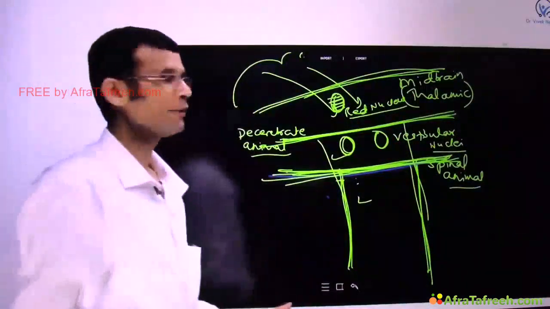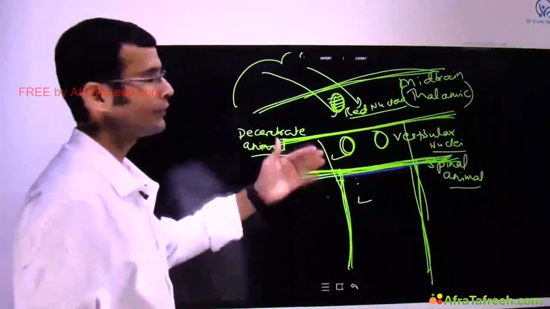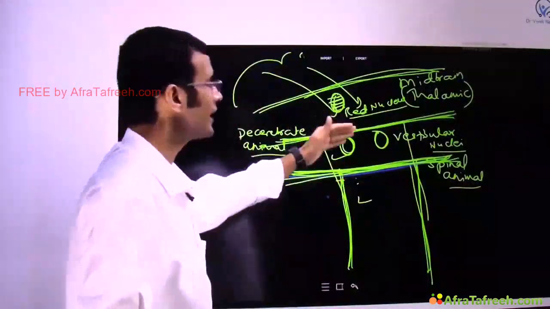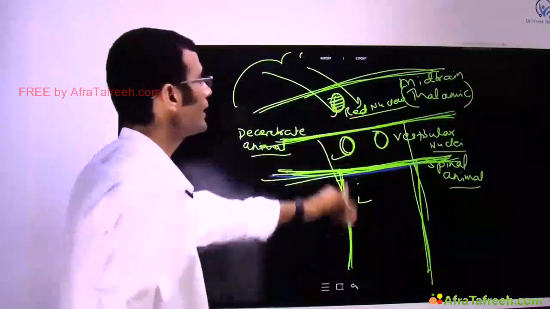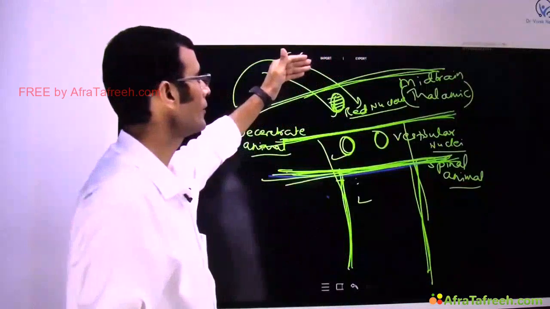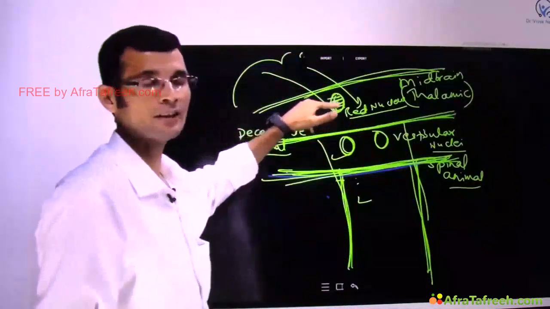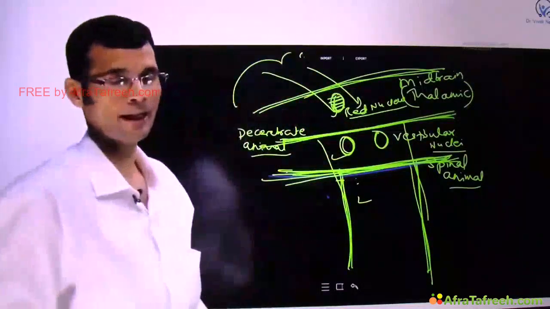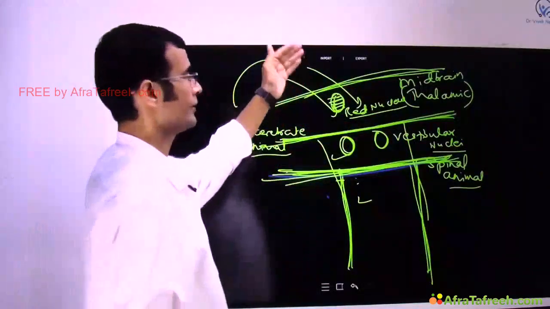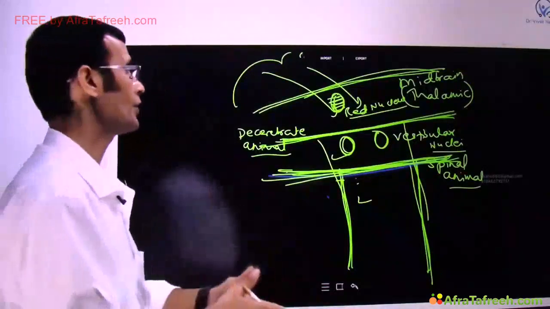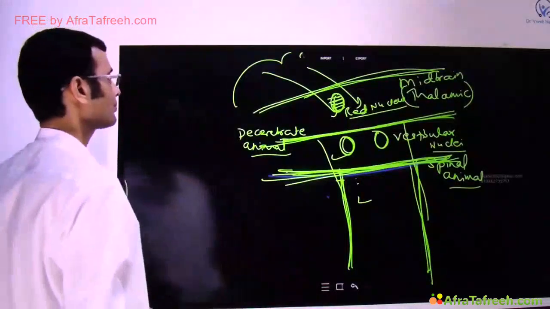So now it's clear why we make these preparations. The postural reflex, which was not seen in the decerebrate animal, but is seen in the midbrain animal, is present in the midbrain animal. That means the center is the red nucleus, which we had removed in the decerebrate animal, but it's there in the midbrain animal. So that's how we get to know about the center of a postural reflex.